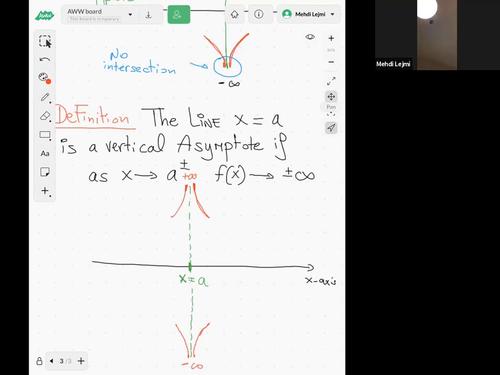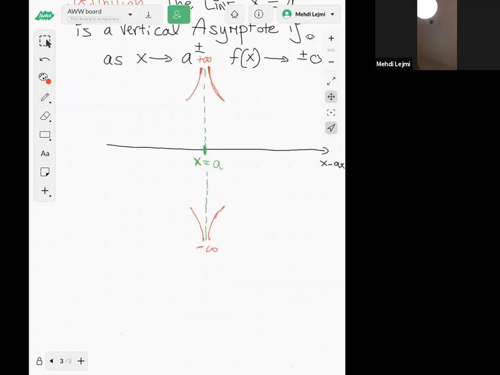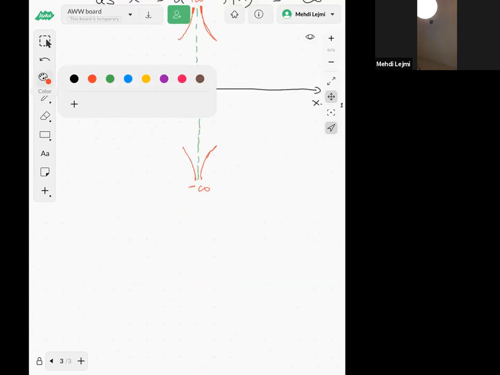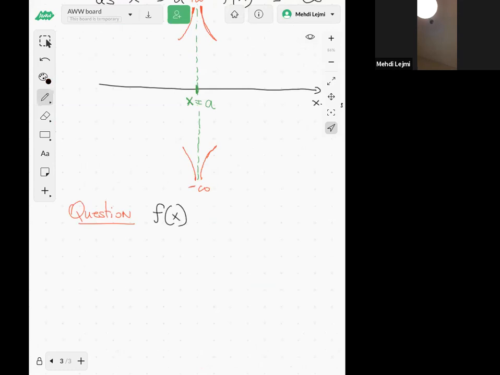So in general, let's say you have f of x equals p of x over q of x, a rational function. How do we find the vertical asymptote of f?